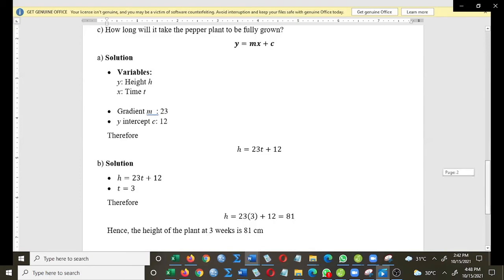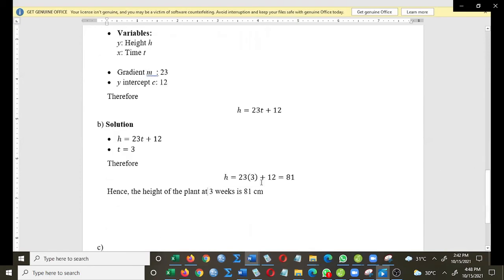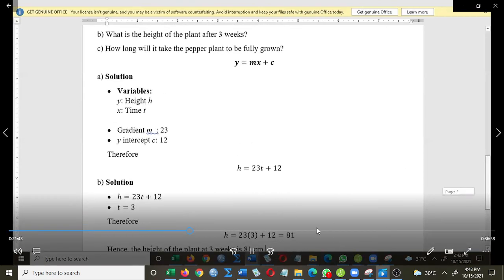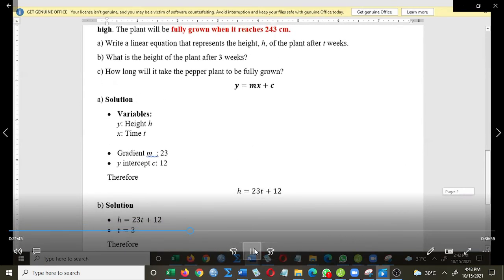Okay. Any questions? Full stop. Part C. So as you can see, this is not so difficult. How long will it take the pepper plant to be fully grown?